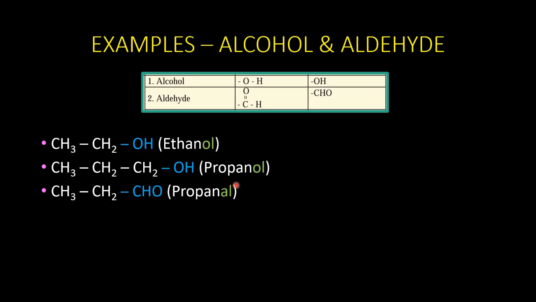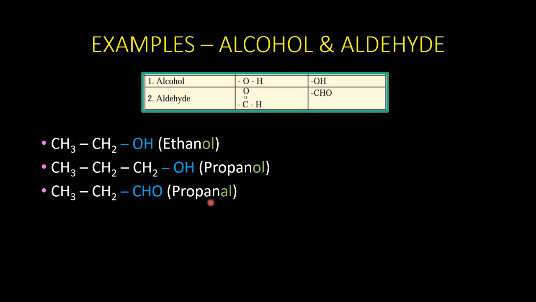Then we will see the next structure, which is with the aldehyde hetero group. The difference you have to note here is the group itself is having a carbon atom, but our aim is to count the number of carbon atoms to name it.